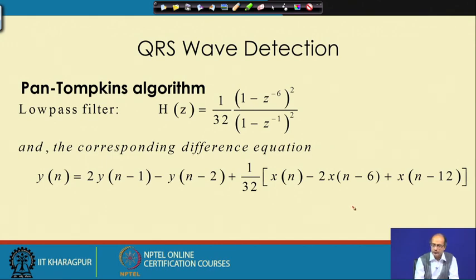We have said that we are looking for a real time algorithm, which Pan-Tompkins has proposed, and for that purpose they have taken an IIR filter. They are using both poles and zeros.